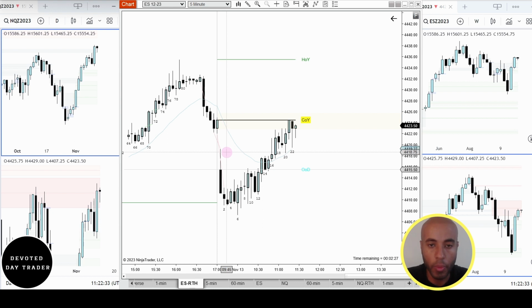This red line, once price broke above it, once 16, 17 broke above it, there has not been a close below the high of 1. This is a bullish indication, and this increases the probability that this bull trend that started with 6 may last all day.